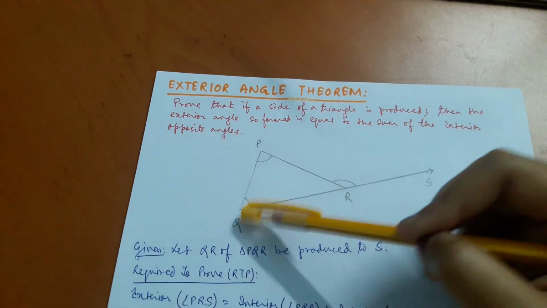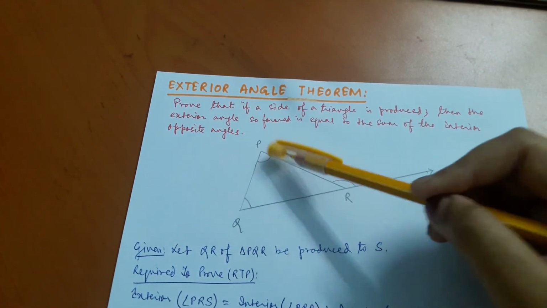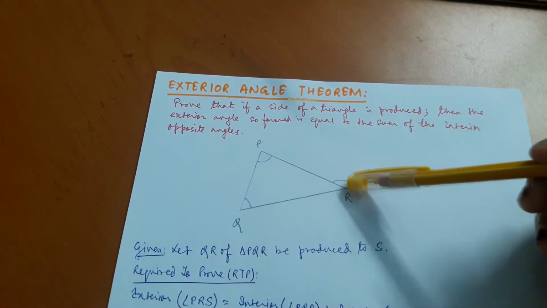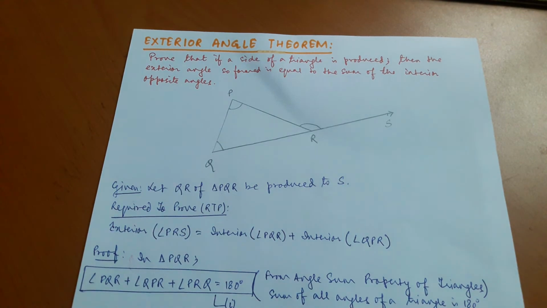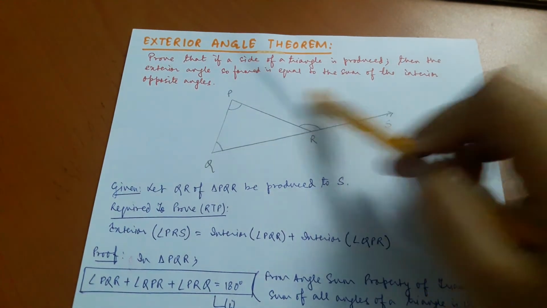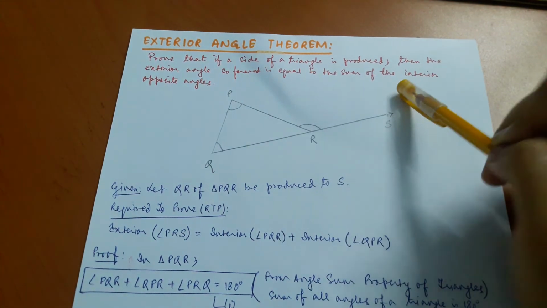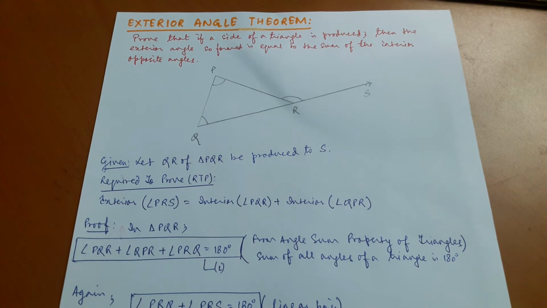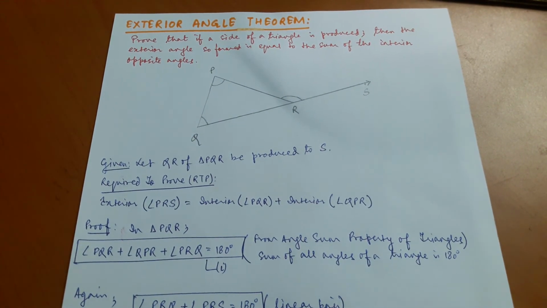Now we are talking of the other two interior angles. It means the sum of these two remaining interior angles will basically be the exterior angle. So we need to remember this conclusion, because whatever we concluded from this theorem, we need to apply in certain problems. So we need to remember this.